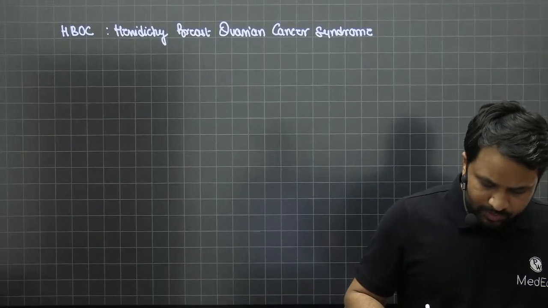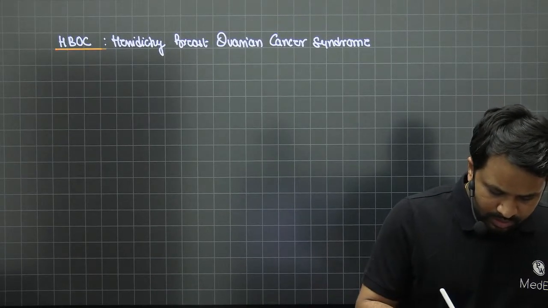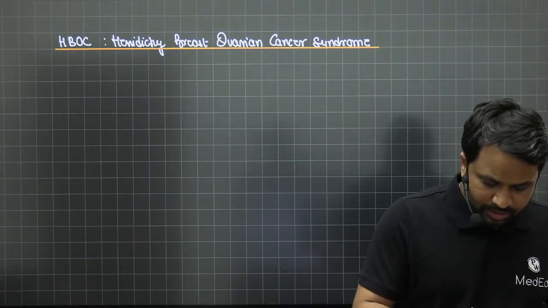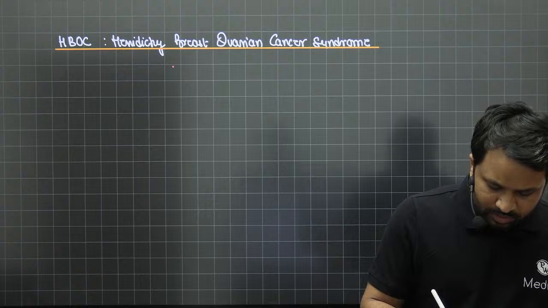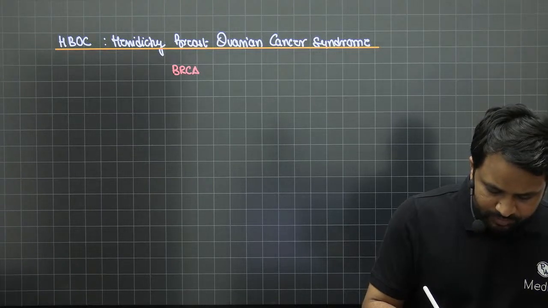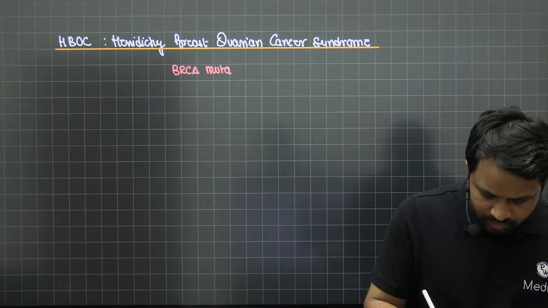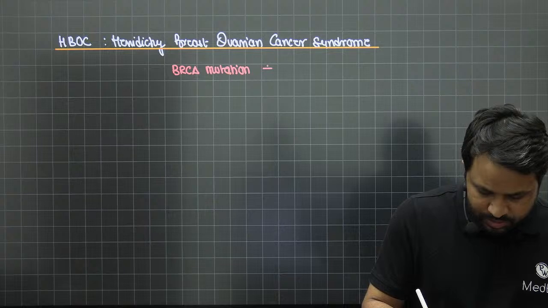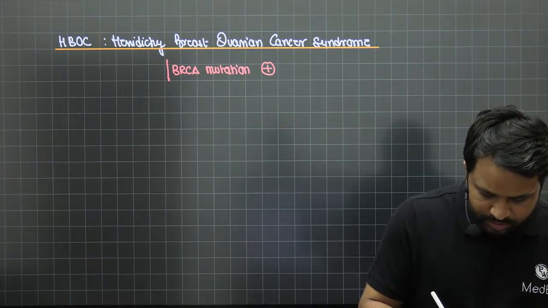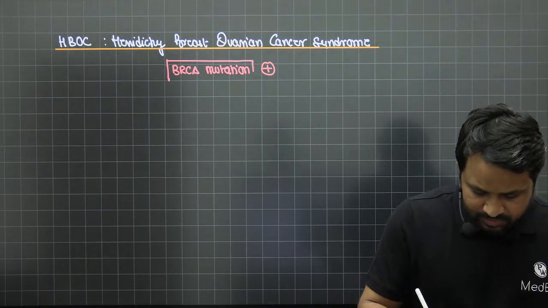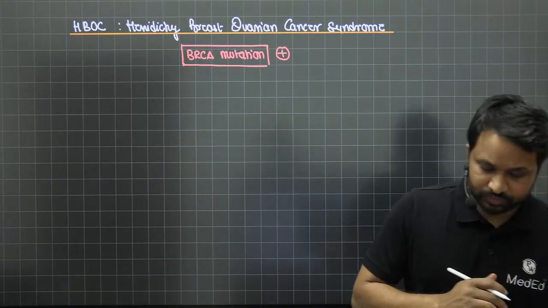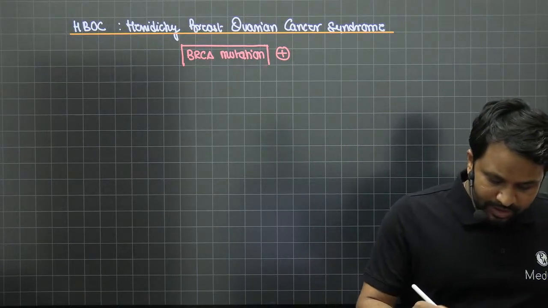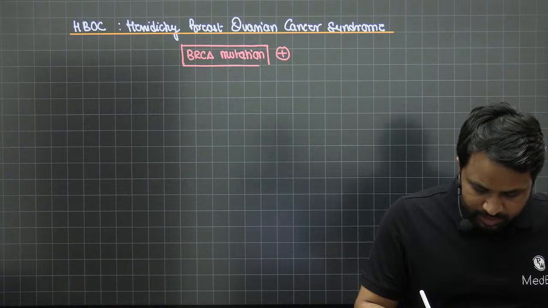We call people who have it, or the suspected patients who are going to have an HBOC, as such. It is usually associated with patients who are BRCA mutation positive, either BRCA1 or BRCA2, right? Now, if a patient is BRCA mutation positive, right?